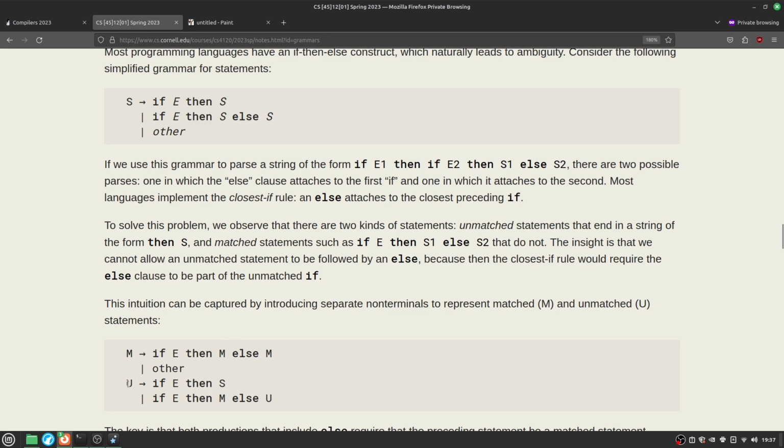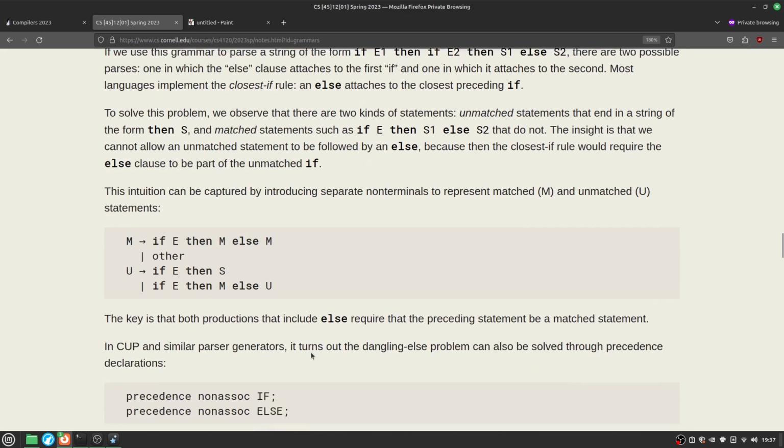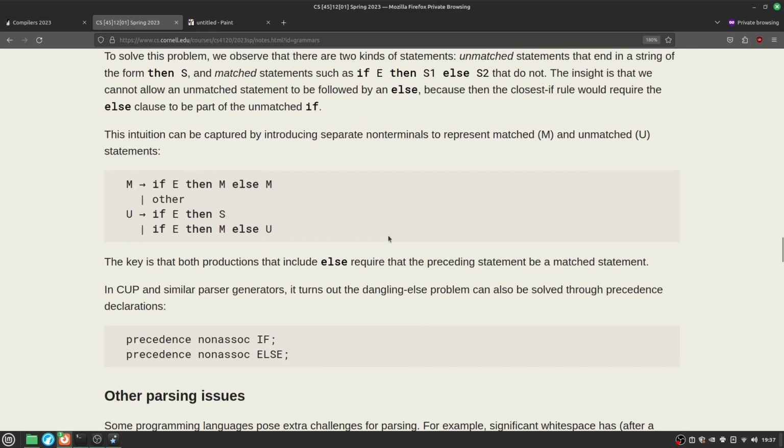Unmatched U is if E then S, or if E then M else U. The key is that both productions that include else require that the preceding statement be a matched statement.